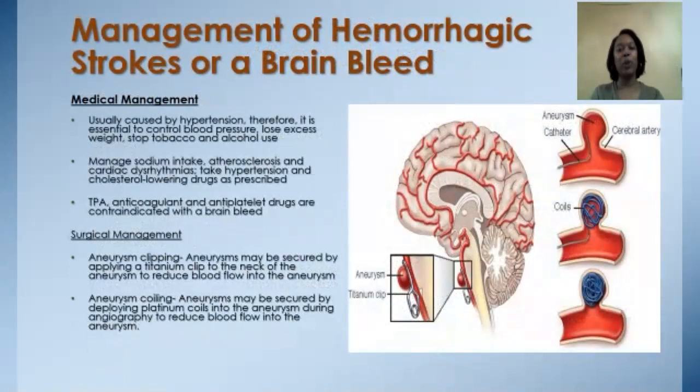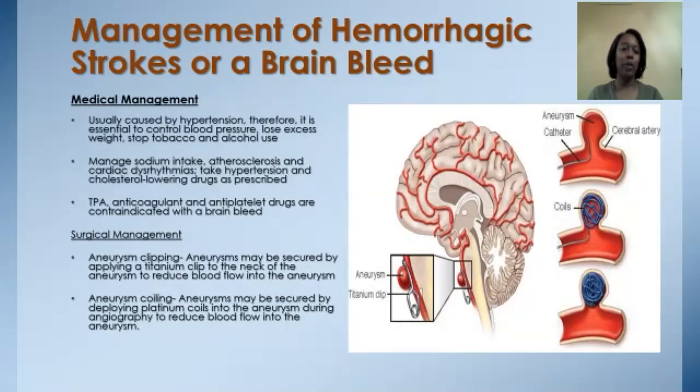Management of a hemorrhagic stroke or a brain bleed. So the management of hemorrhagic stroke is very similar to ischemic stroke, with a few exceptions. So the control of the patient's blood pressure, weight loss, stopping the use of illicit drugs, alcohol, tobacco, managing their sodium intake, compliance with cholesterol-lowering medications, as well as antiarrhythmic drugs and antihypertensive drugs are necessary as well.